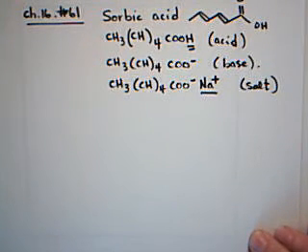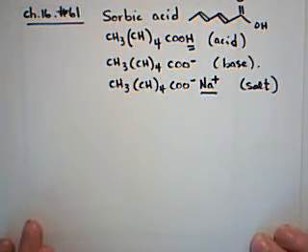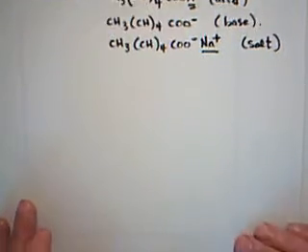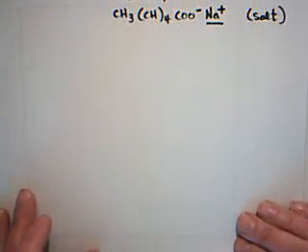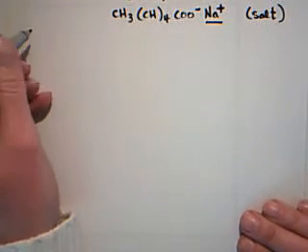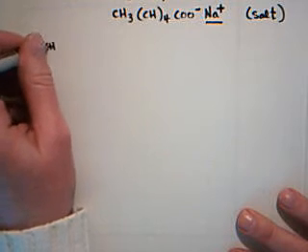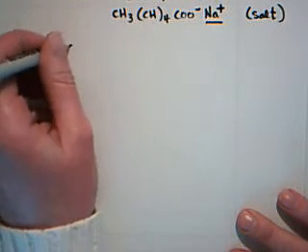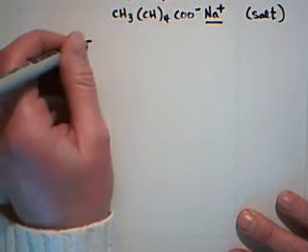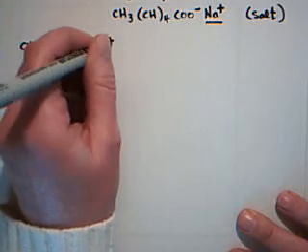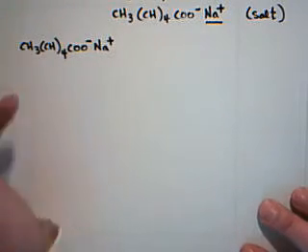Now we have in this question a 0.37 molar solution of potassium sorbate in water. So what happens when we put this in water? Well, let's do it and find out. CH3, CH 4 times, COO minus, plus the cation. All of these salts, you know them as completely soluble.